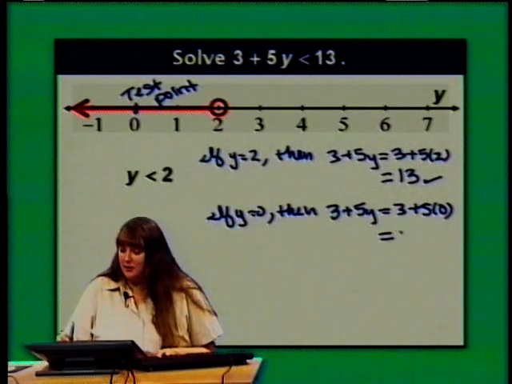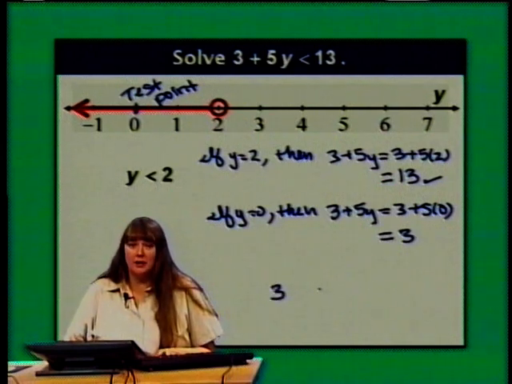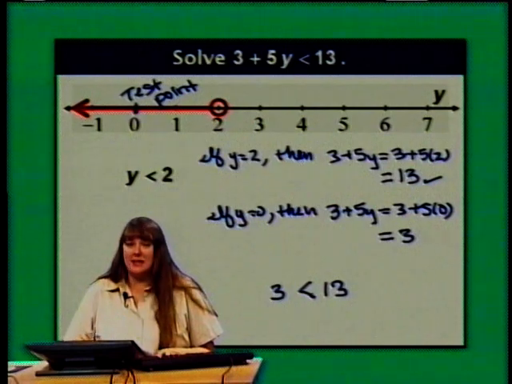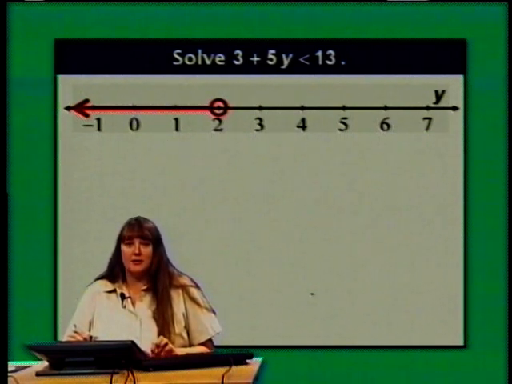Add that to 3, I get 3. Now I need to compare 3 on the left with the 13 on the right. 3 is less than 13, so the sense of my inequality is correct. So it looks like I have the correct solution set. So now I need to write my solution set.